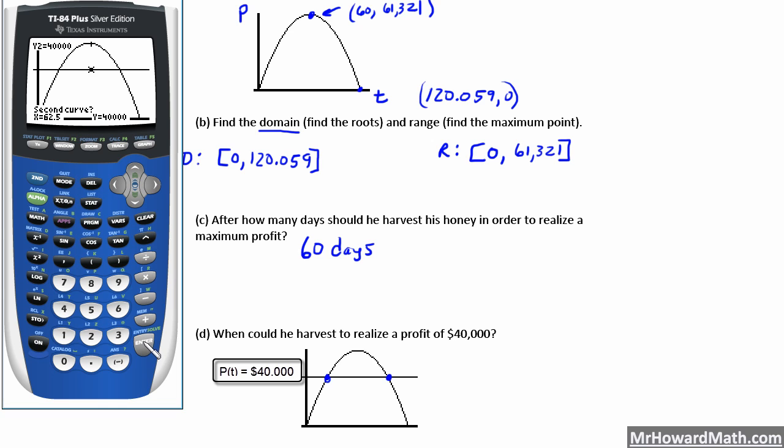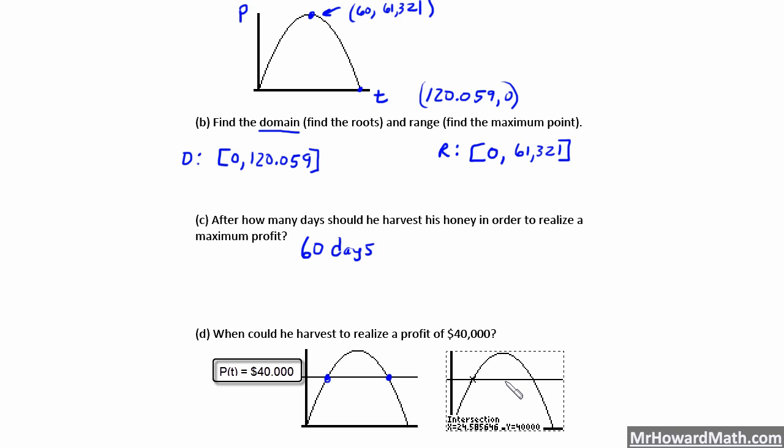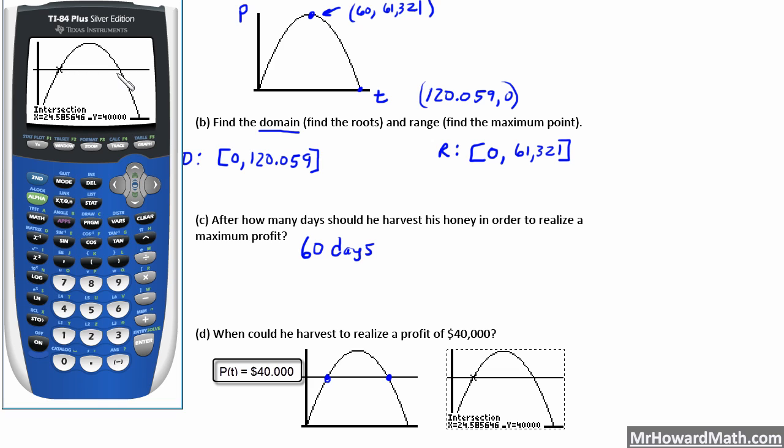First curve, enter. Second curve, enter. Now on guess, we need to get pretty close to this point over here so that the calculator doesn't find the other intersection. So that's close enough. Let's hit enter. And it tells us, I'm going to bring this one over so we can look at it in a minute. So there's one of them, and then now we need to find the other one over here.